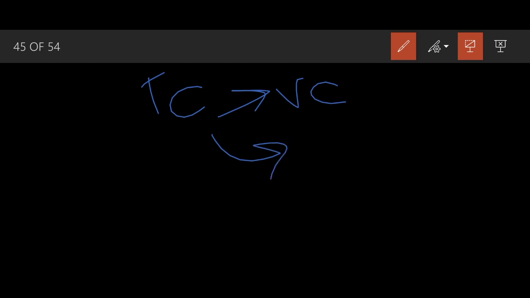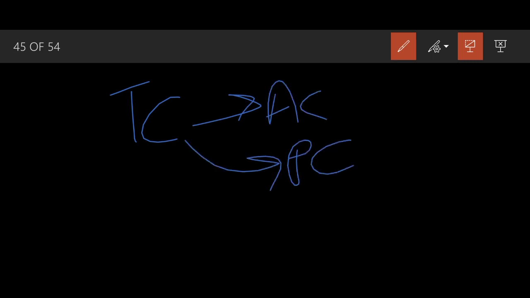We break up the total cost into various parts like variable cost, semi variable cost, or on a broader level, total cost divided into admin cost, production cost, prime cost, and selling and distribution cost. These are the breakups of cost that cost accountancy provides.